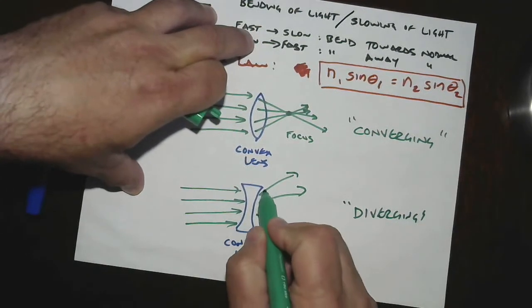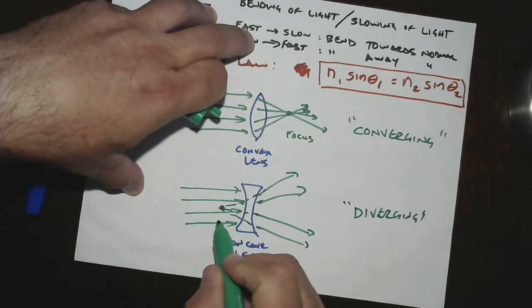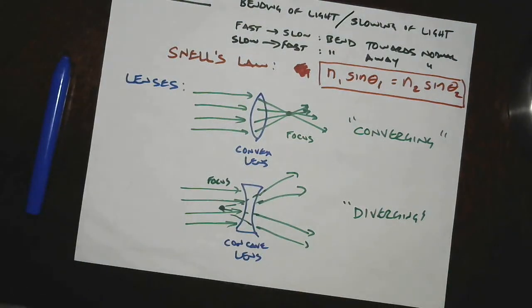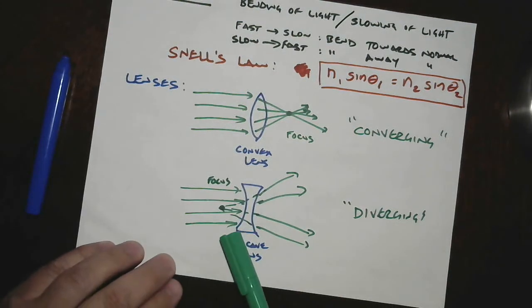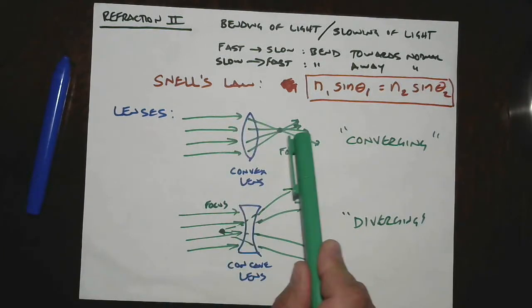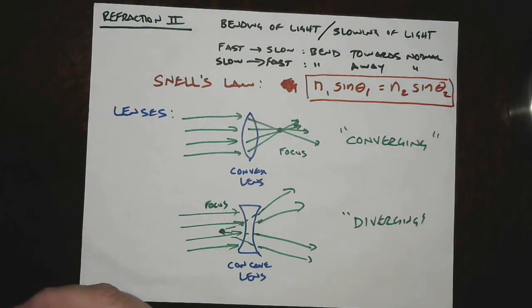And actually, they trace back to some focal point that is behind the lens. So there are still focal points associated with concave lenses. It's just that they're not in front of or on the opposite side of the light where you would expect the light from a lens to converge.